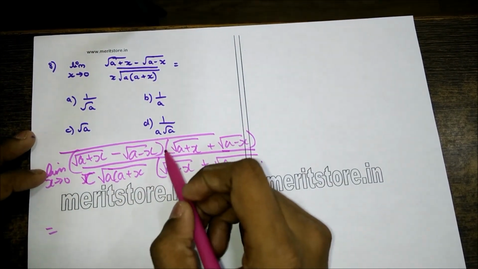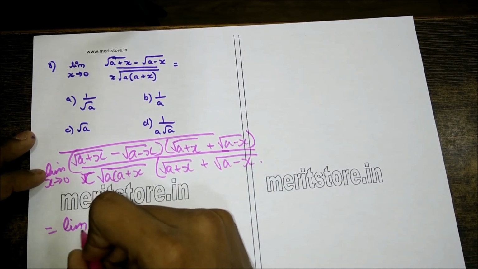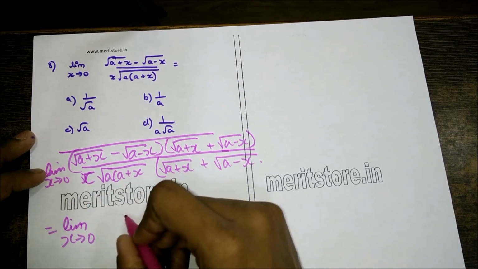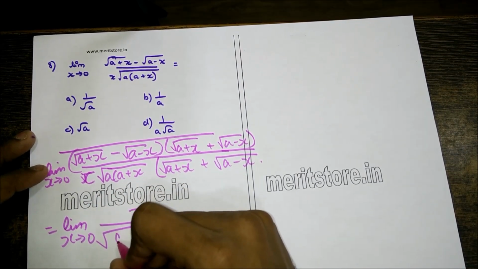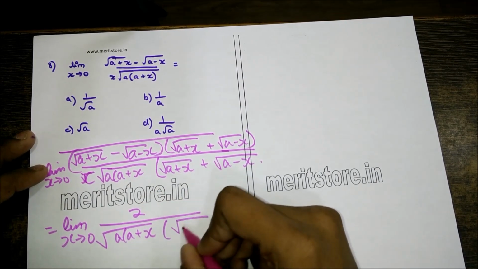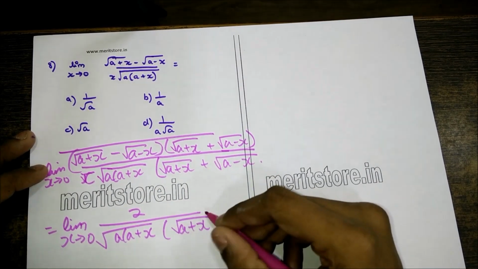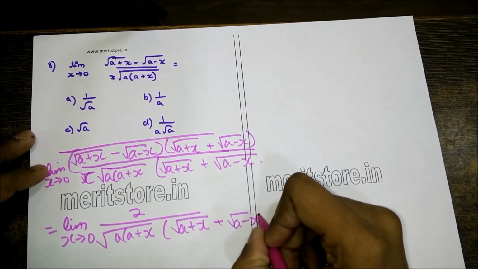When we open this bracket, we get limit of x tends to 0, 2 by root of a into a plus x into root of a plus x plus root of a minus x.